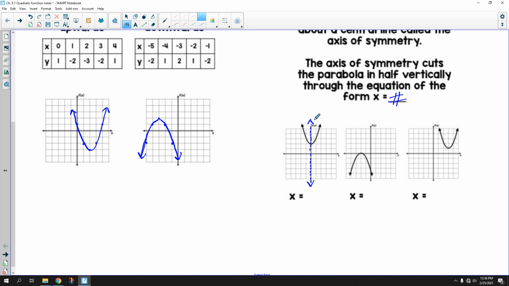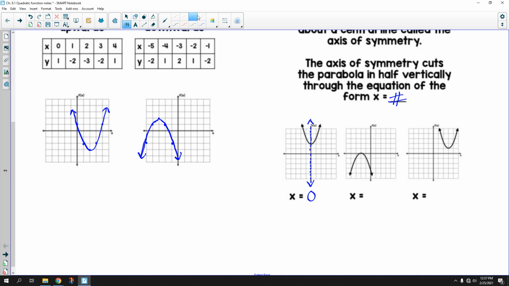Now you want to see, where does the line go through on the x-axis? So here it goes through 0. So your axis of symmetry would be x equals 0. Okay, let's look at the next one.